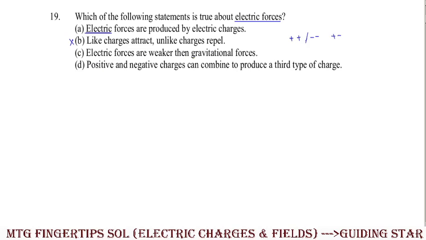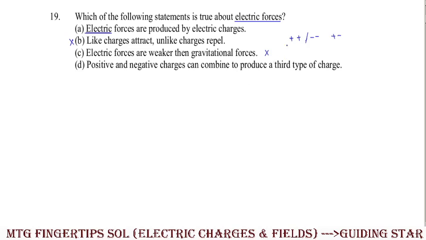Electric forces are weaker than gravitational force. It is also a wrong statement. Electric forces are quite strong as compared to gravitational forces. What is the relationship between them? For example, if we take two protons, as protons are positively charged particles, there will be electrostatic force between them. And similarly, as they have some mass, they will have gravitational force.